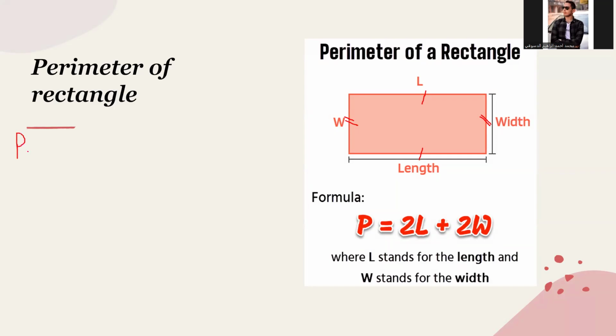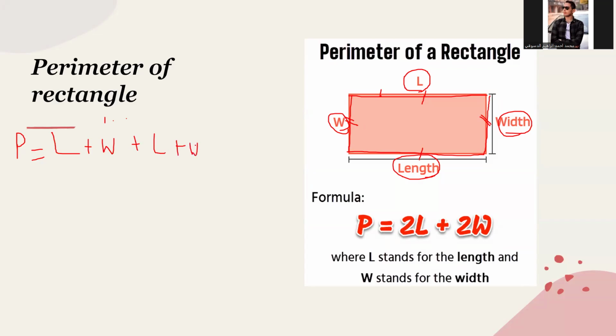The perimeter equals the total distance around a closed plane figure. That means if I want to calculate it, if I assume that this side is called length, so as this side, and this side is called width, so as this side. That means that the perimeter is this side plus this side plus this side and this side. So the perimeter is length plus width plus length plus width.